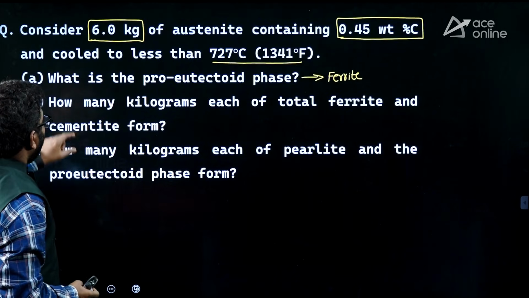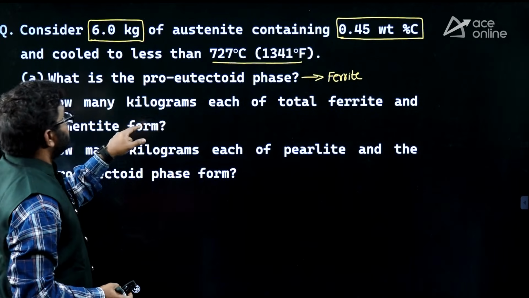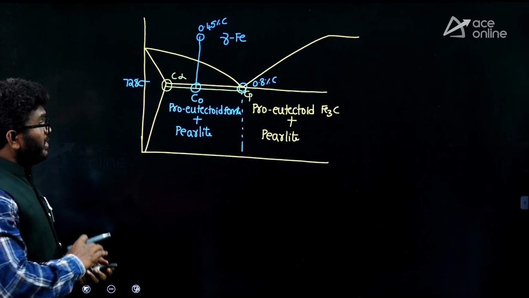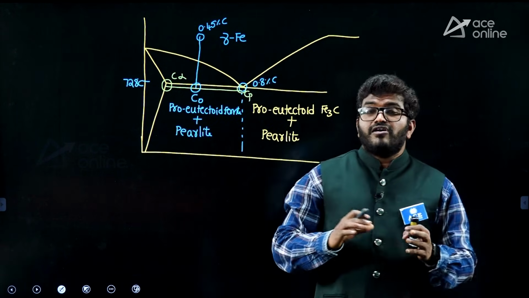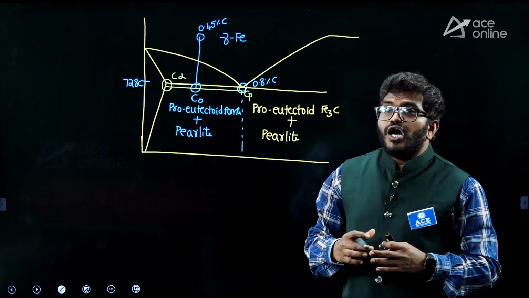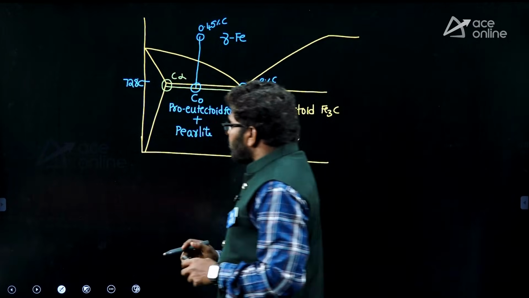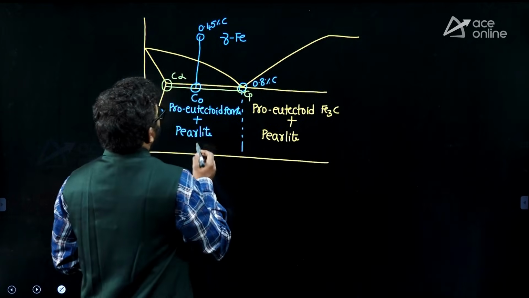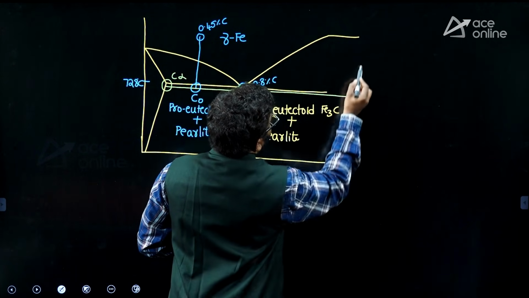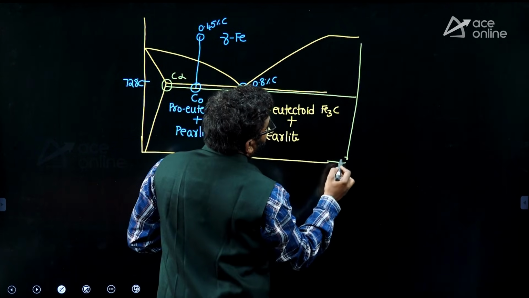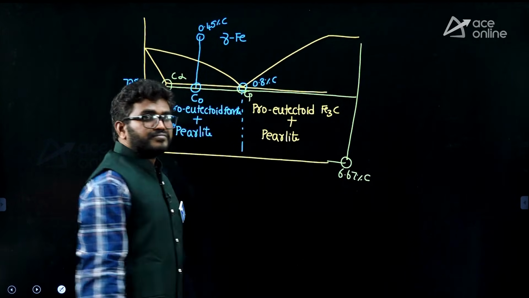Now, second: how many kilograms each of total ferrite and cementite form? Here they are not asking for mass fractions, they are asking how many kilograms of total ferrite and cementite. If you want to calculate total ferrite and cementite, you should consider the complete length of the line up to 6.67% of carbon.